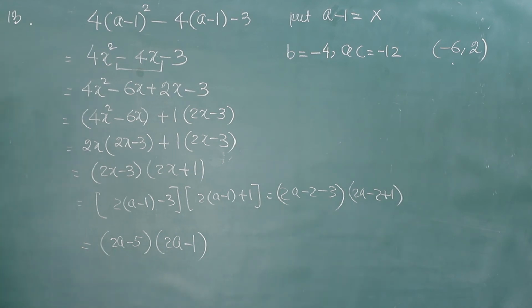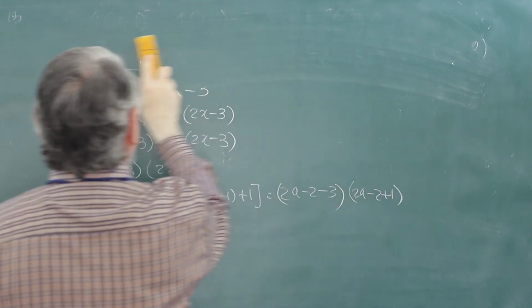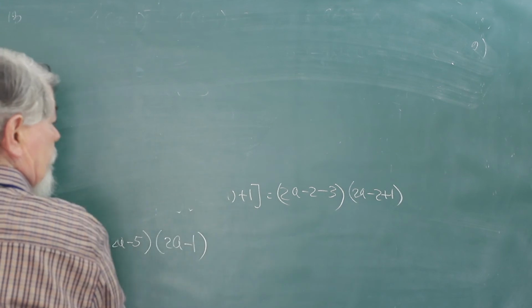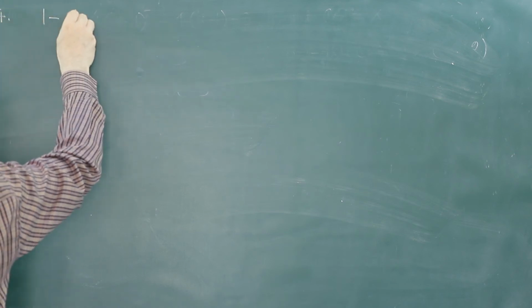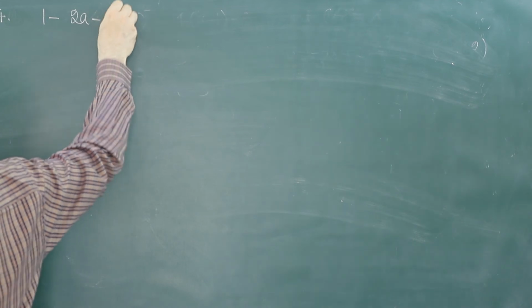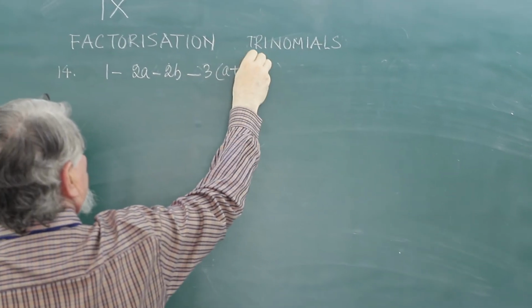Now let us see question number 14. 1 minus 2a minus 2b minus 3 into (a plus b) whole square.